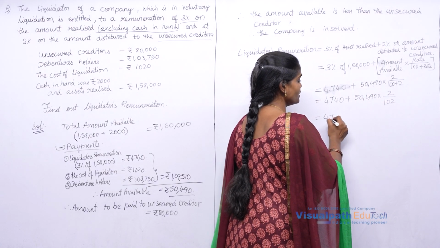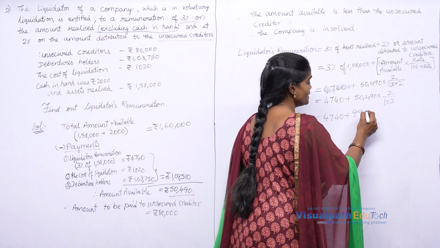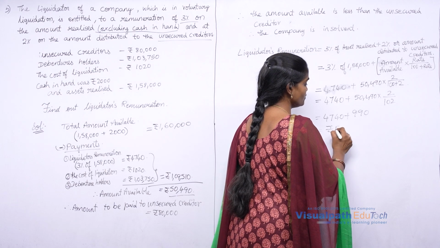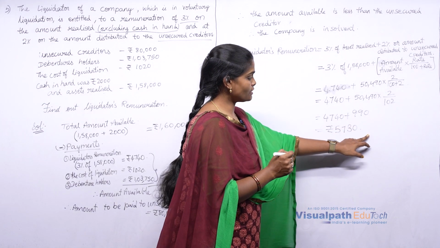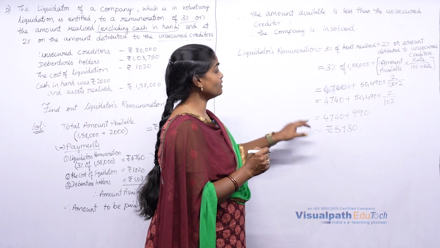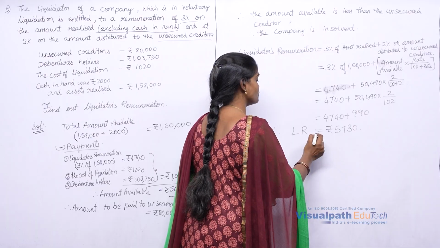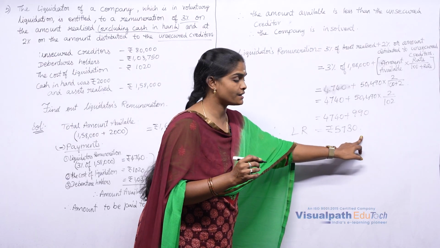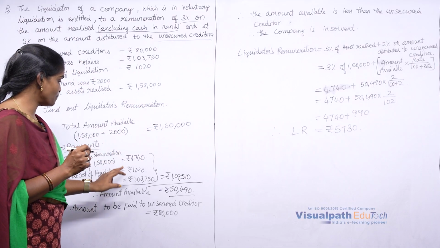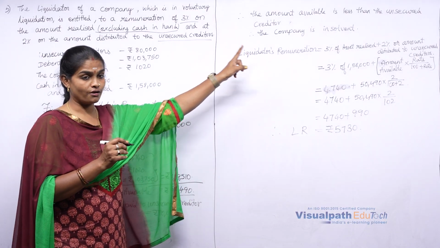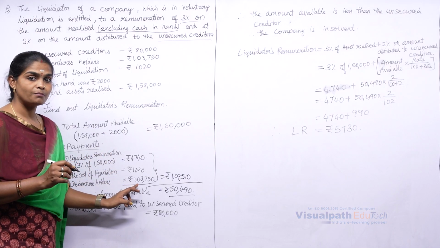If we simplify, we get 4,740 plus 990. Total amount will be 5,730. So this is the total remuneration to be paid to the liquidator. Therefore, liquidator's remuneration is rupees 5,730. Clear? So first, you have to check whether the company is solvent or not with the amount available, by deducting all the payments from it.